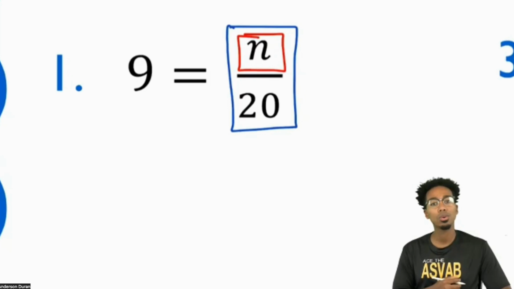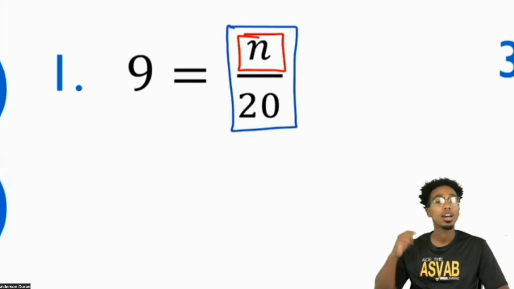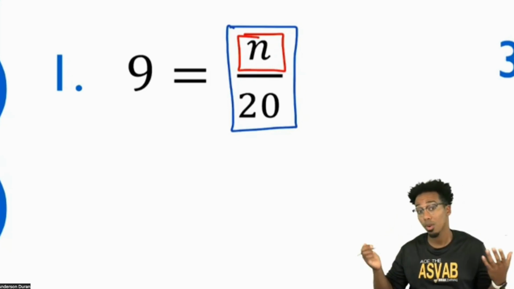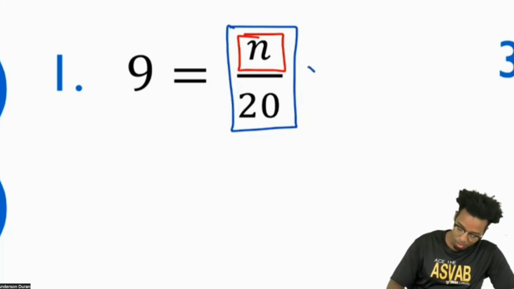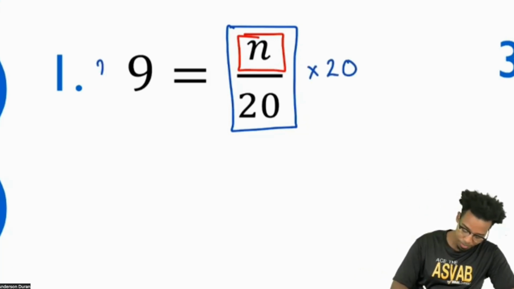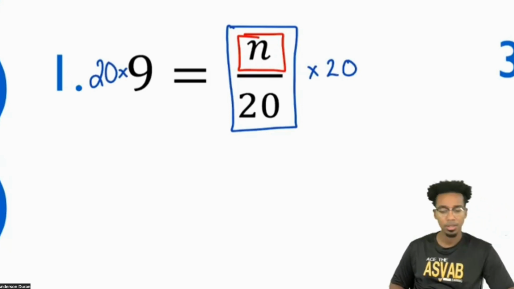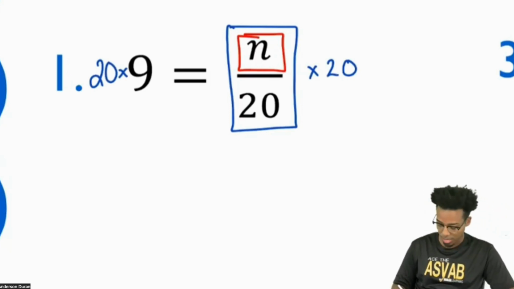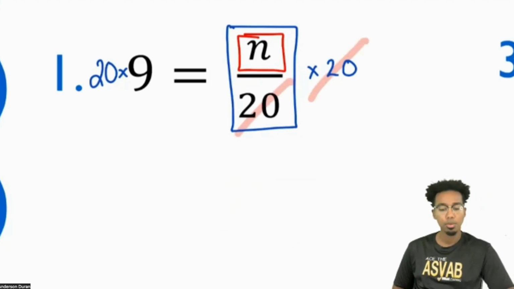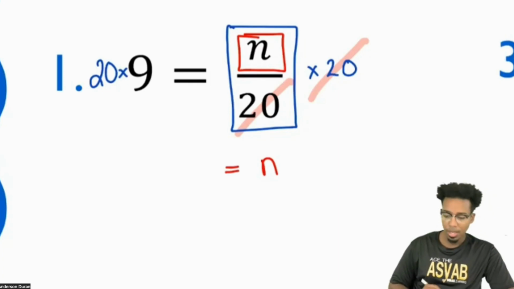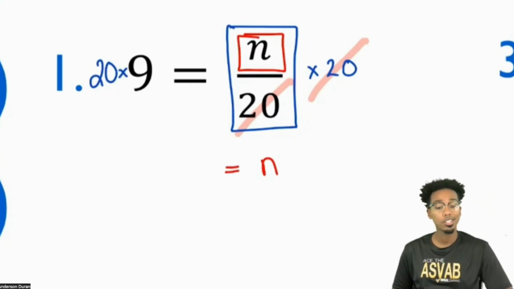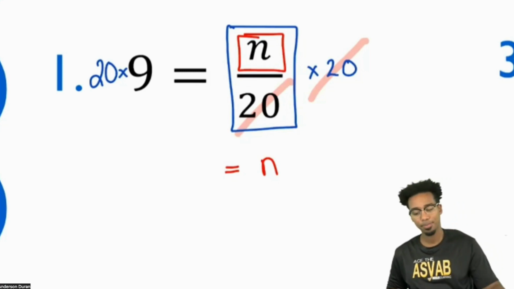Because I know that if I divide by 20 and multiply by 20, I end up right where I started. And that's how we know that this will work. So we'll multiply by 20 on both sides. And what ends up happening is on the right side, it cancels out. Boom. And that's what's going to leave us with n by itself. And now that we have that, we're all good, because 20 multiplied by 9 is what, everybody?